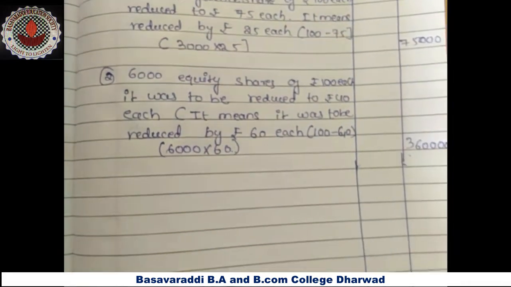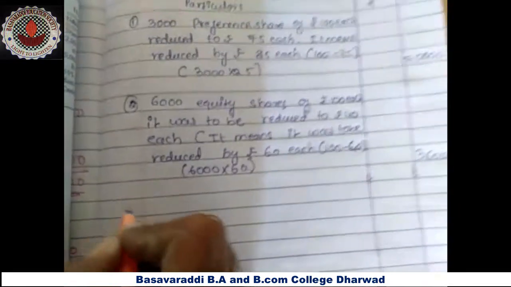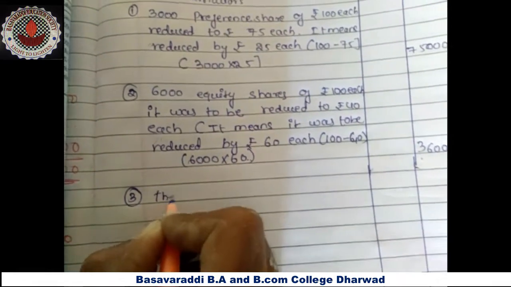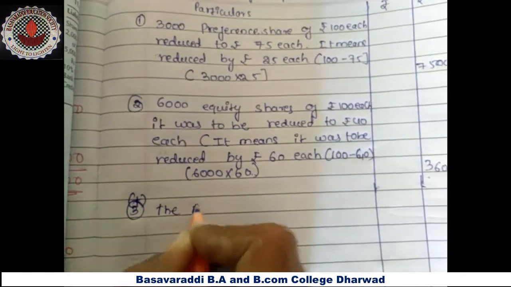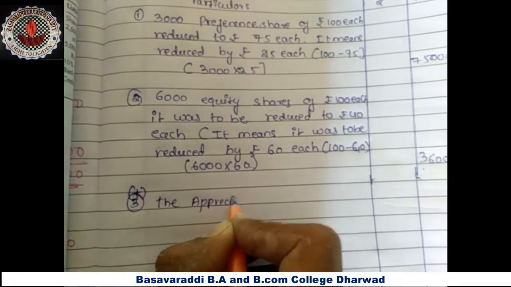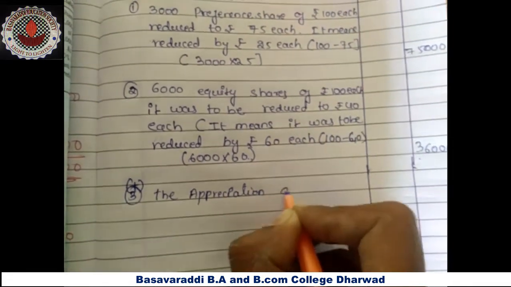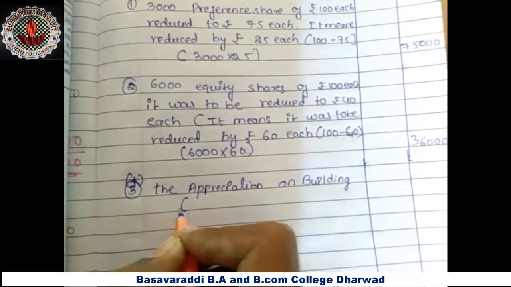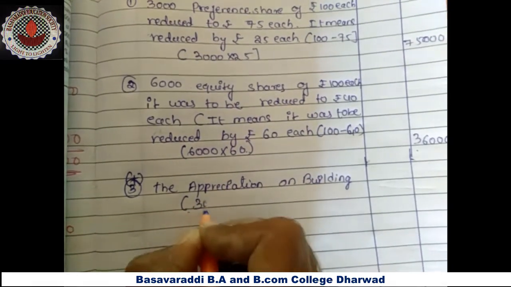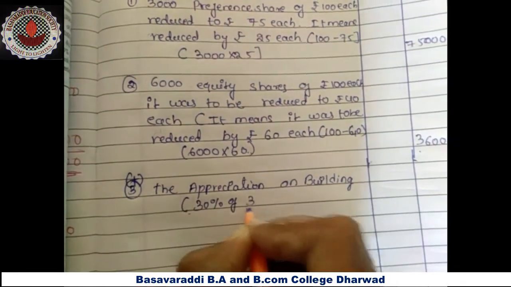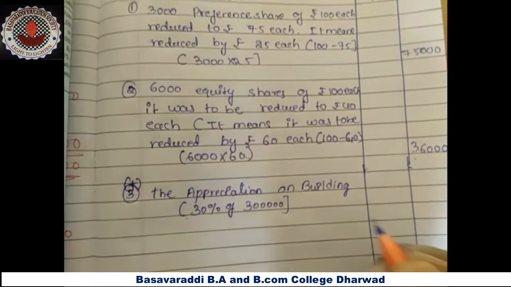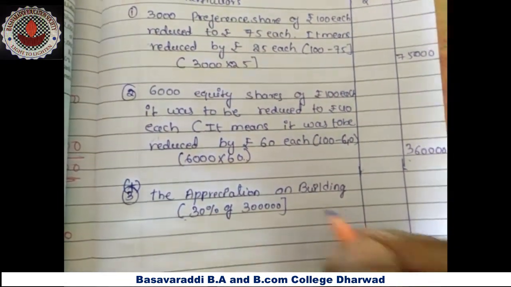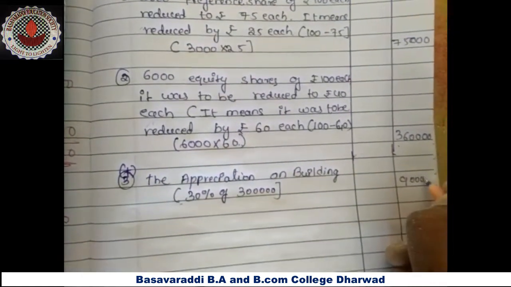Next, the appreciation on building. The building was to be increased, they have said. The appreciation we consider here. Add appreciation on building amount, 30% of 3 lakh. 30% of 3 lakh, that is 90,000.